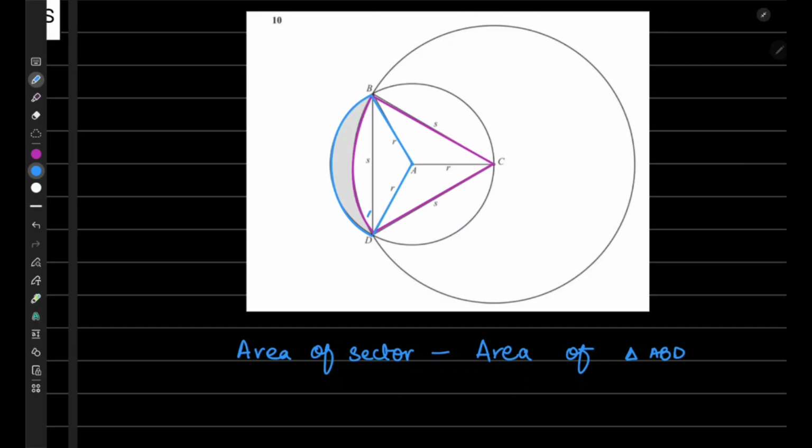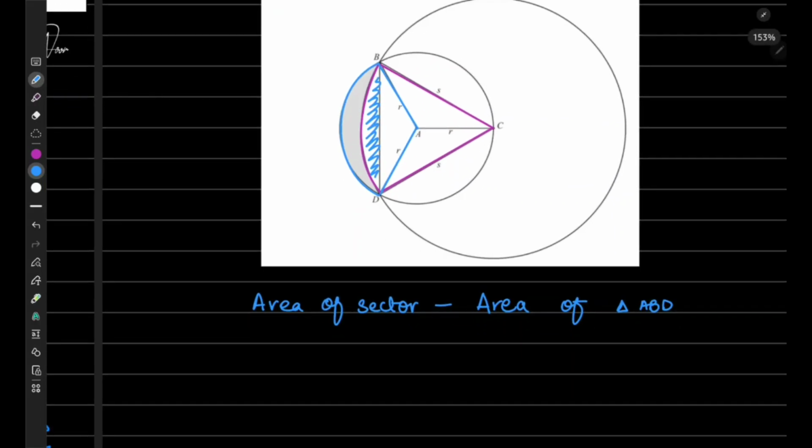But still we will be left with this part to be subtracted. So for that we need to find this part.